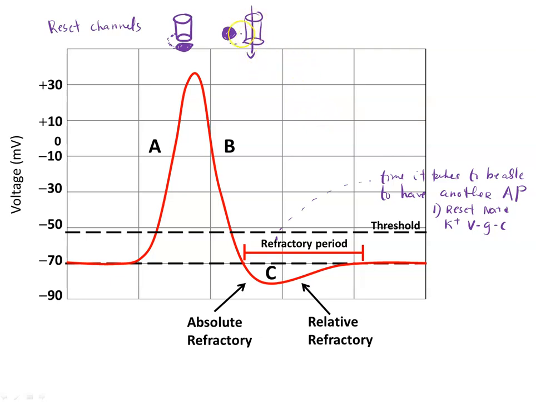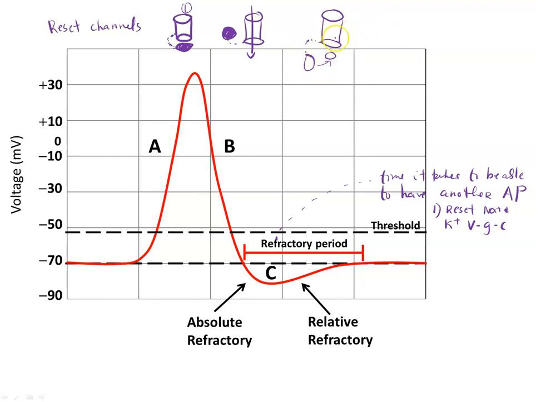Now, I need to reset all these channels, meaning that they have to come back to position 1, right? Now, in order to get back to position 1, the channel has to go through all of these different conformations, right? So it has to do this weird kind of swing down, and then it can swing this way, so on and so forth.